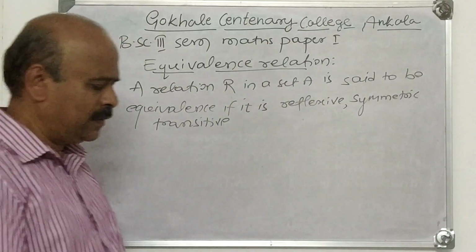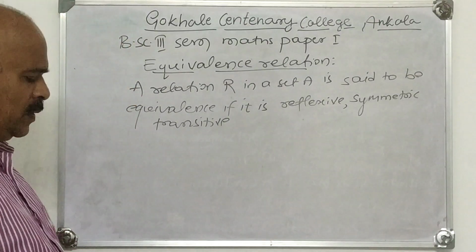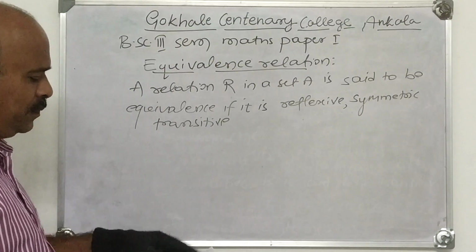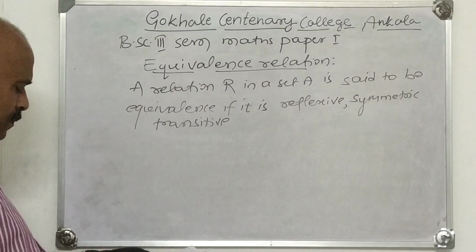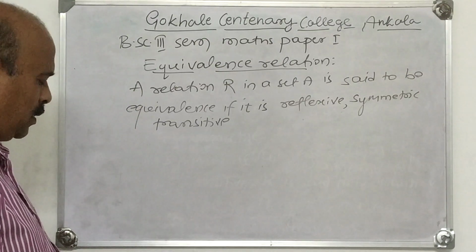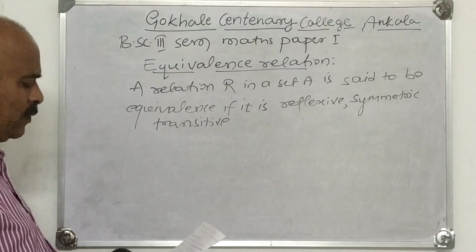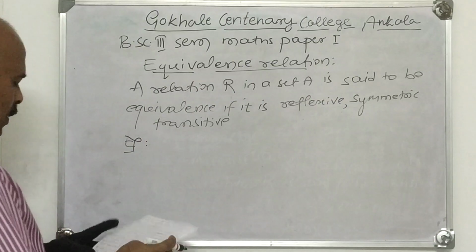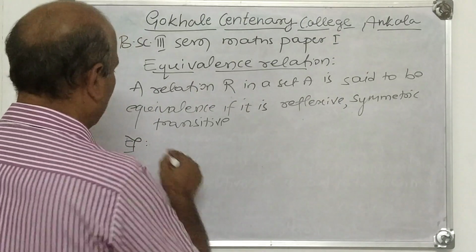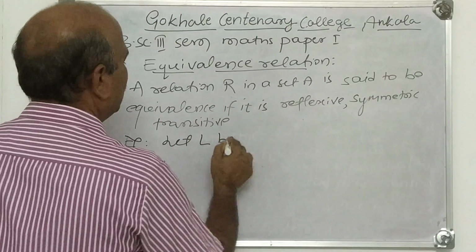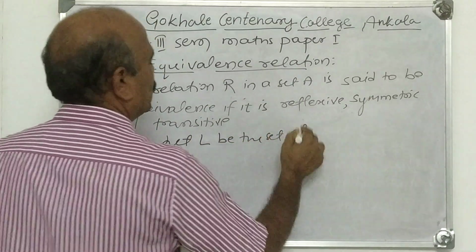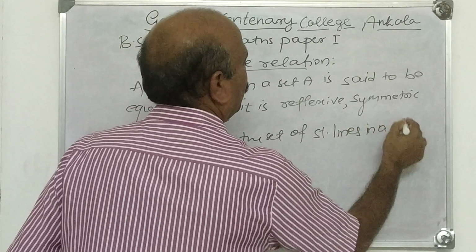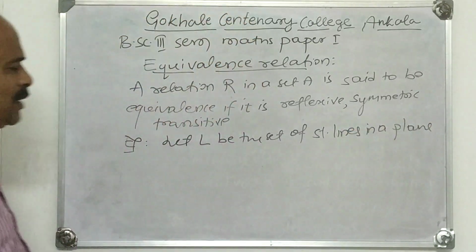Now we consider examples for that. I take directly an example for equivalence relation. First example: let L be the set of all straight lines in a plane. What is the non-empty set here?